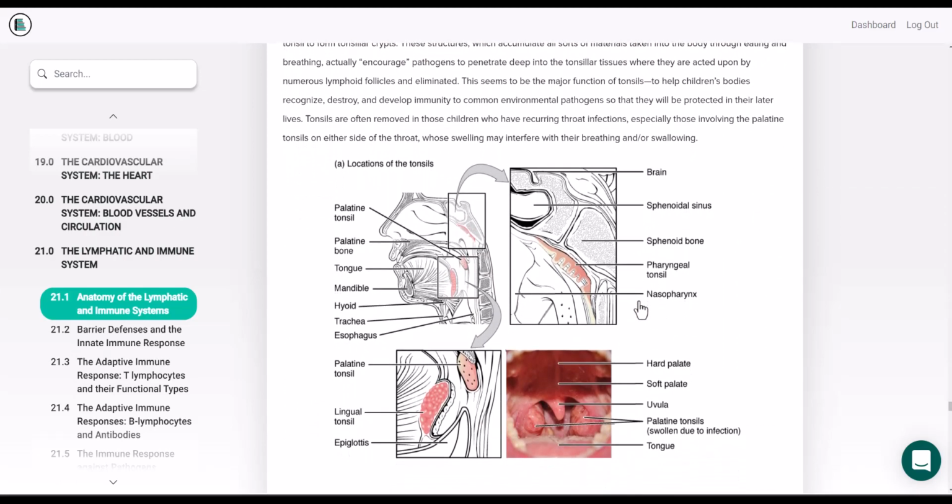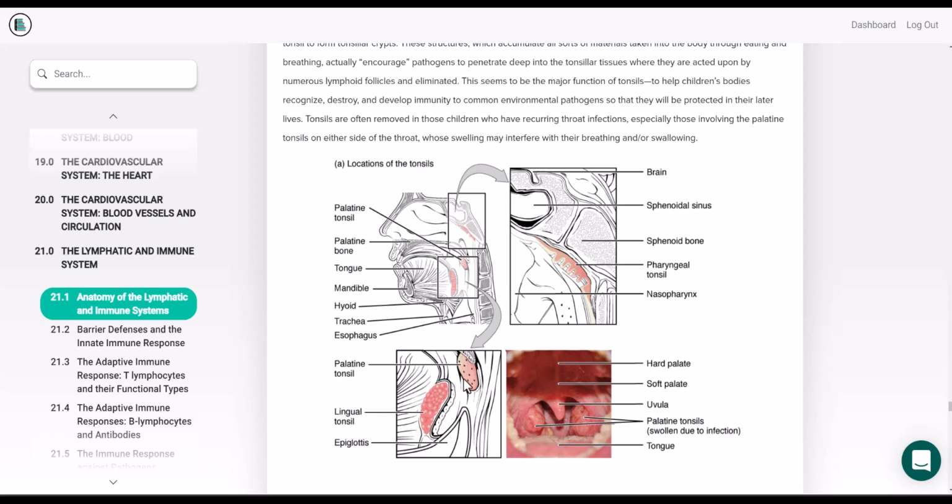How do the tonsils do their work? I'll just say this. The outside capsule of the tonsils is a discontinuous capsule. There are little holes, basically, in the outer capsule around the tonsil. So as you breathe in air and as you eat food, some of those particles are able to penetrate into the tonsil and be checked out for the presence of bacteria, viruses, or fungi.